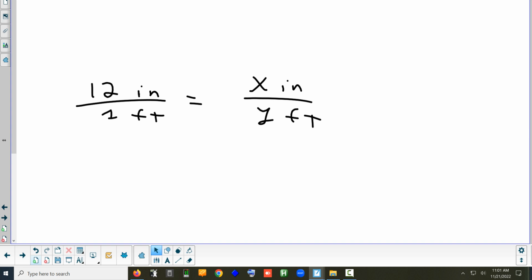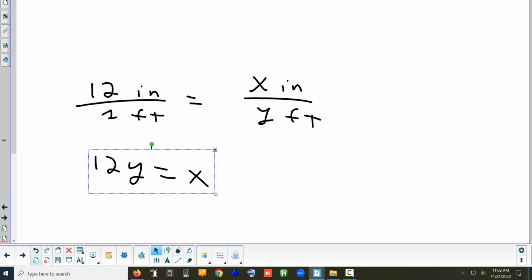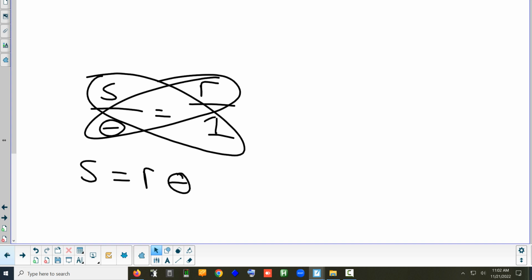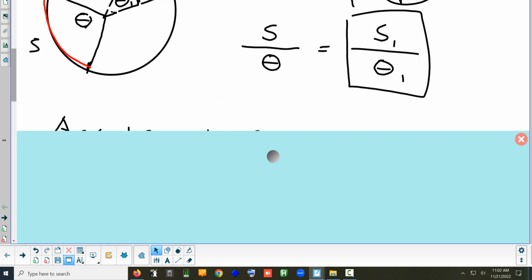So you could say something like 12Y equals X. 12 times Y, and then 1 times X. So this tells me that if I want to convert Y feet into X inches, I just take the number of feet and multiply by 12. So there's the formula written as an equation. And I just did exactly the same thing right here. S equals R theta.